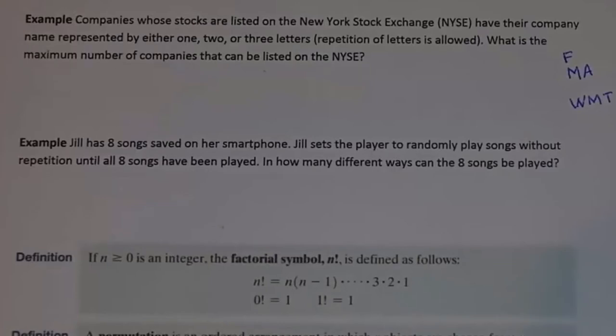So our question is, if repetition's allowed, so we could have A, we could have AA, and we could have AAA. If that kind of repetition is allowable, how many different companies could be listed on the New York Stock Exchange?